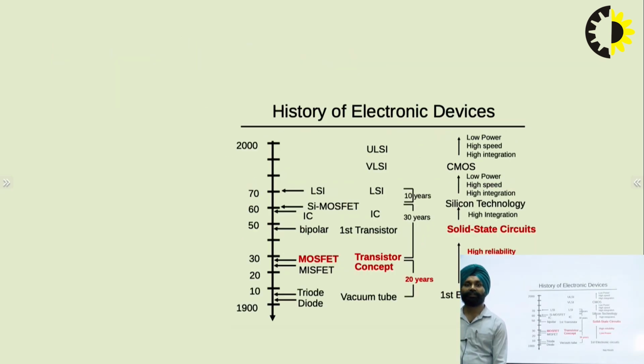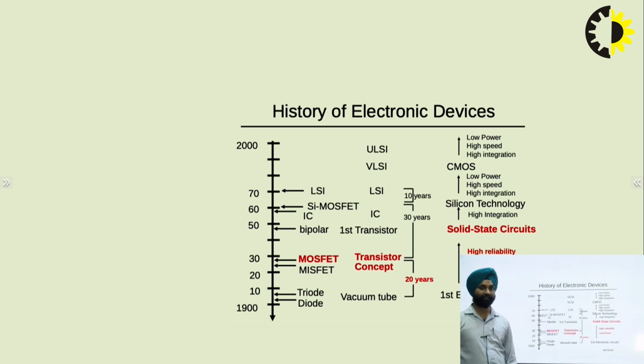If we review the whole history, we can say that starting from the early 1900s, we started with vacuum tubes, and then solid state devices. Twenty years were spent using vacuum tubes to build a computer.